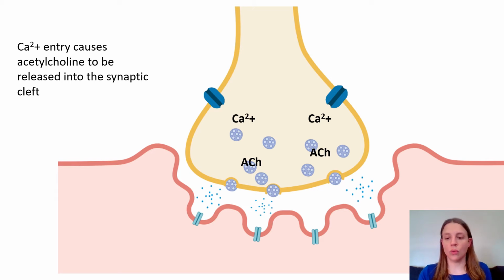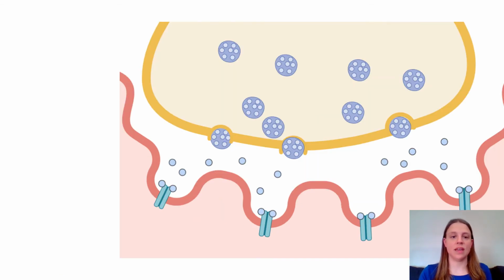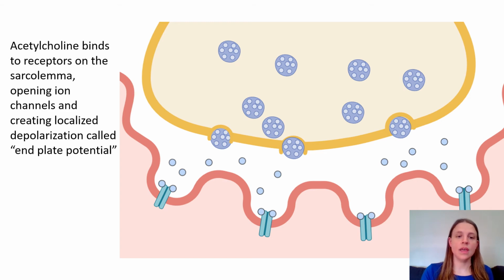Once the acetylcholine is released into the synaptic cleft, it binds to the receptors on the sarcolemma. And if you remember, the sarcolemma is just like the sausage wrapper of the muscle. It binds to those receptors, which open ion channels and create a change in membrane potential in that area, which we call the end plate potential.